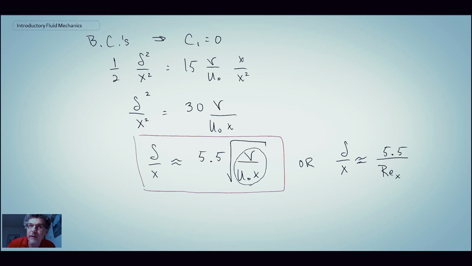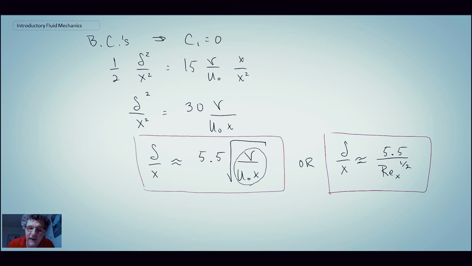Remember, that's the way that we write the Reynolds number for a boundary layer, raised to the power 1/2. And so that's another way of writing the expression that von Karman obtained for the thickness of the boundary layers. So that was a very powerful advancement that had occurred in fluid mechanics when he derived this.